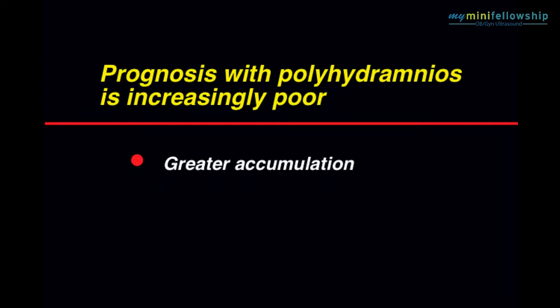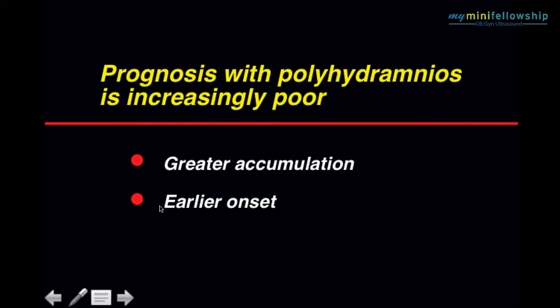Now, if I were to ask you to list the 3 features which increase the likelihood of a poor outcome with polyhydramnios, I'm sure that after a very short time of reflection, you would come up with the right answer. So you would say, more polyhydramnios is worse than less polyhydramnios. True.